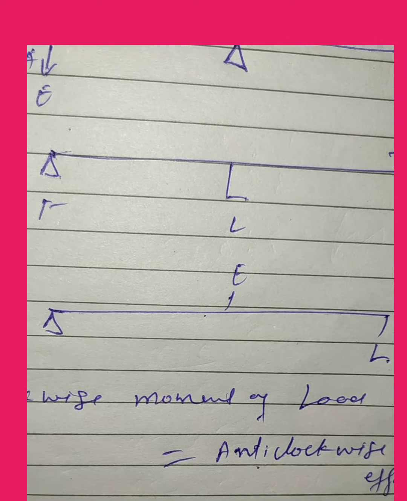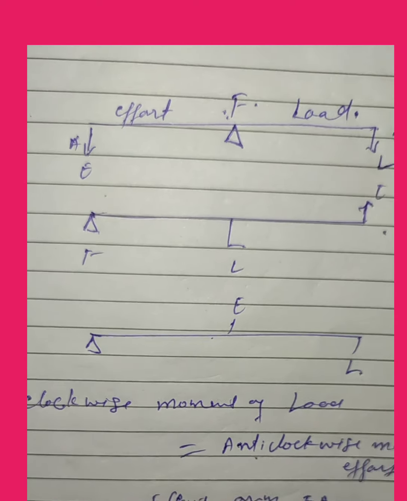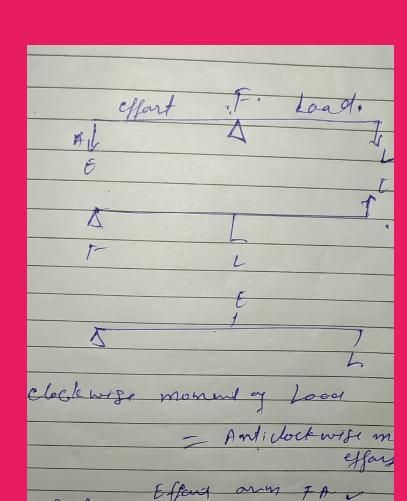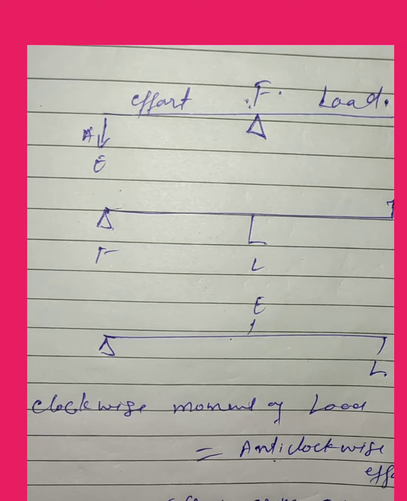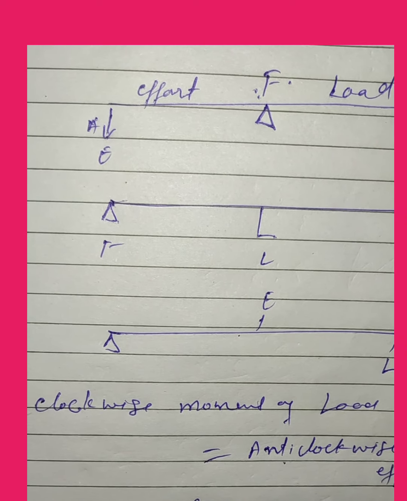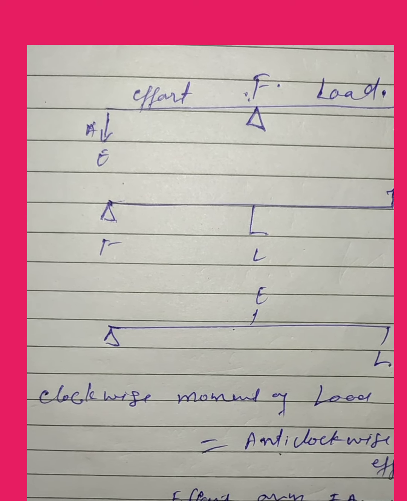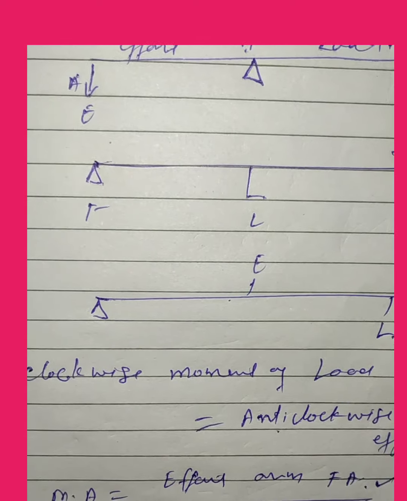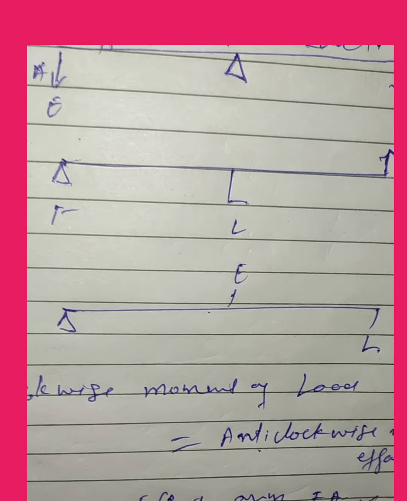If the effort arm is equal to the load arm, then the mechanical advantage is equal to 1. If the effort arm is greater than the load arm, then the mechanical advantage is greater than 1. If the effort arm is less than the load arm, then the mechanical advantage is less than 1. In the next video we will discuss the kinds of levers in detail, the first, second and third class levers, with examples.